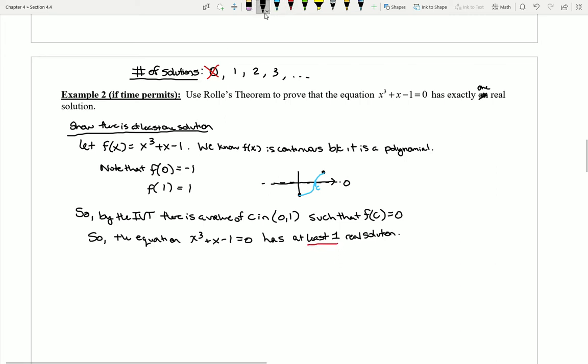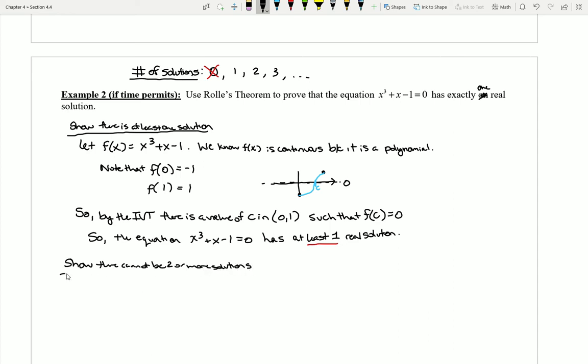So now I have to get rid of the options of 2 solutions, or 3, or 4, or 5. To do this, I'm going to say let's show there cannot be 2 or more solutions.